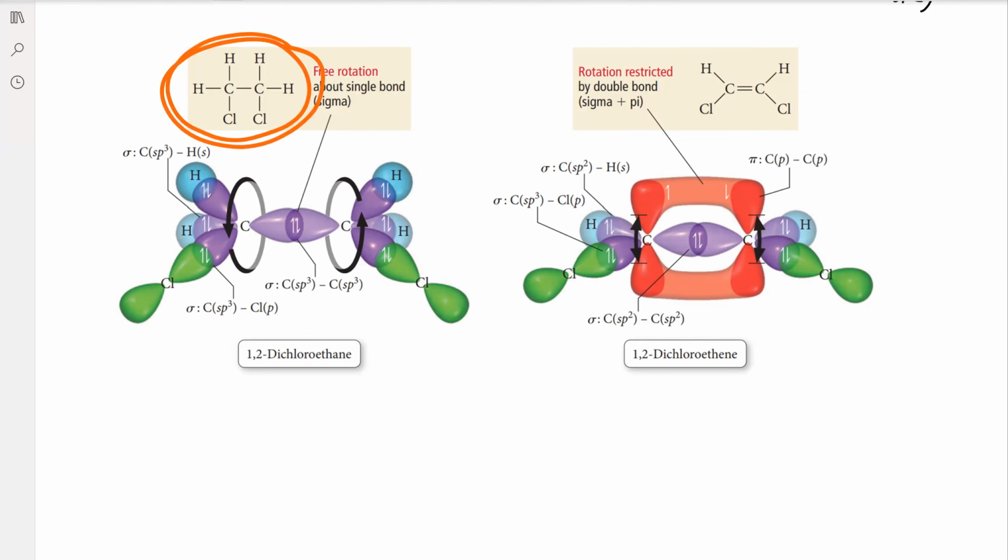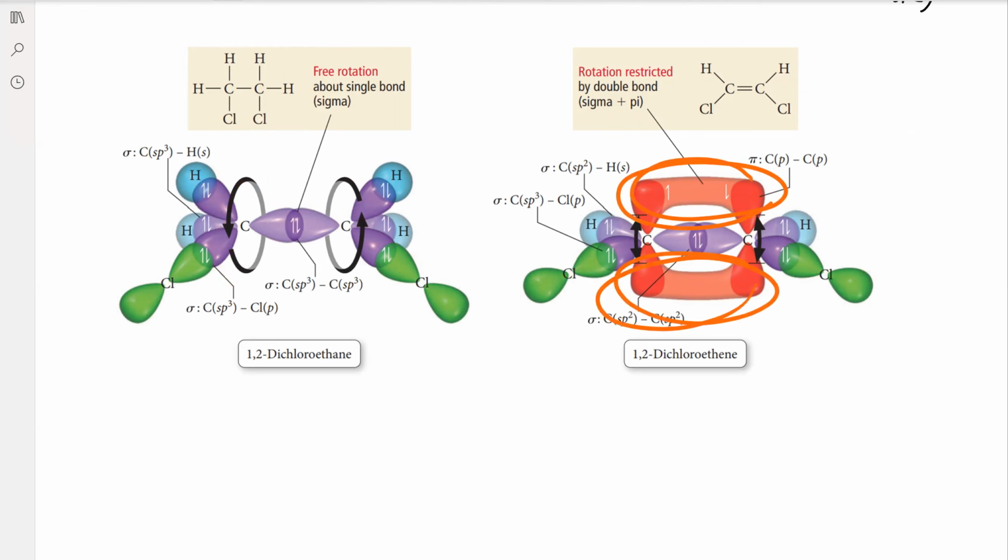Here, we have all sigma bonds, and so we're free to rotate about this bond. Here we have a pi bond being formed, right? You can see the pi bond right there. And so now we're not free to do that rotation.